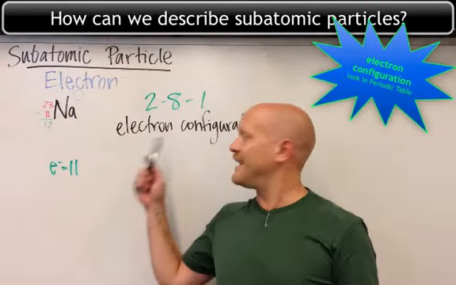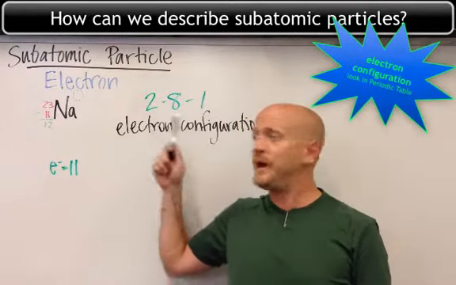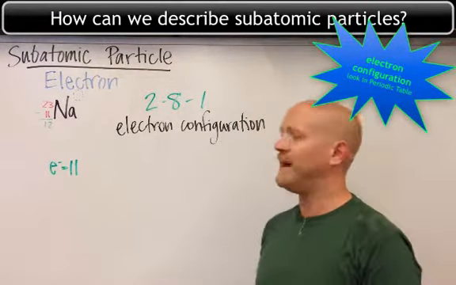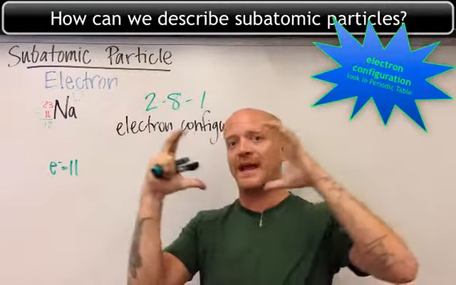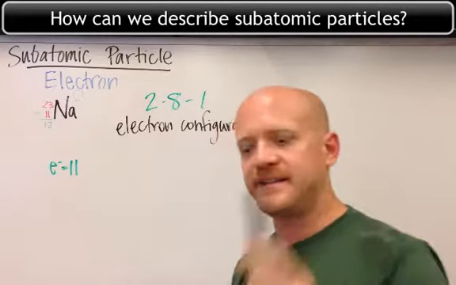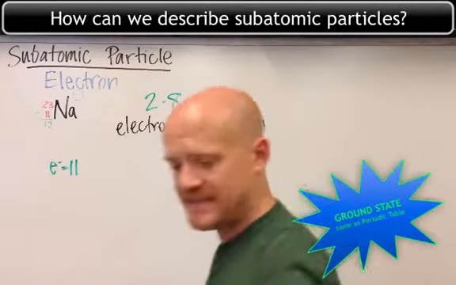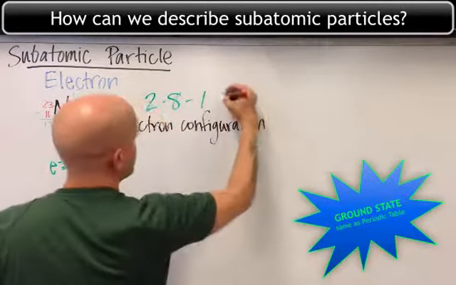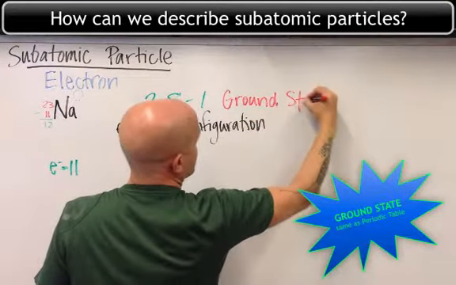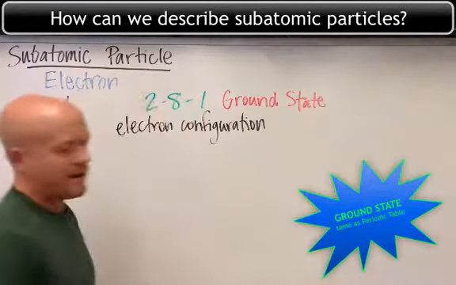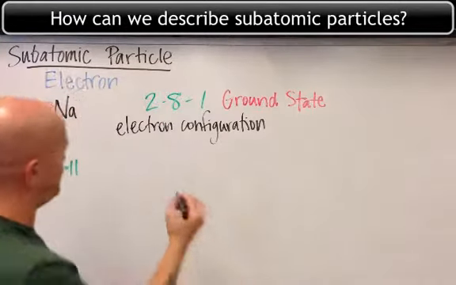Okay, sodium's electron configuration is 2, 8, 1. Now it is 2, 8, 1 because it fills in from the inside going out. It is considered to be in the ground state. Now I'll draw for you right now.